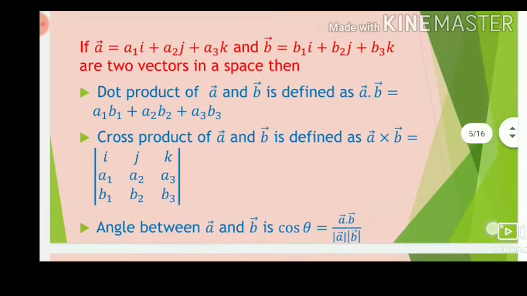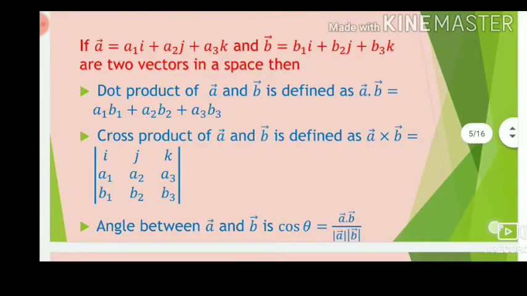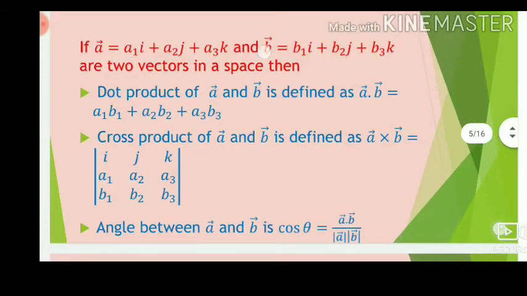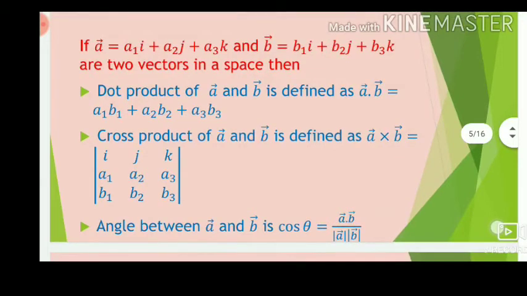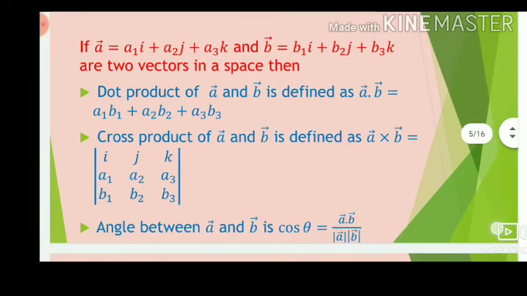If vector A equal to A1i plus A2j plus A3k and vector B equal to B1i plus B2j plus B3k are two vectors in space, then the dot product of A and B is defined by A dot B equal to A1B1 plus A2B2 plus A3B3, and the cross product of A and B is defined as A cross B equal to the determinant with rows i j k, A1 A2 A3, B1 B2 B3.